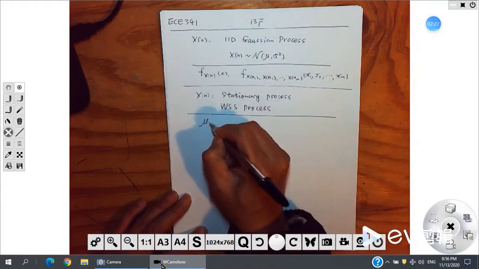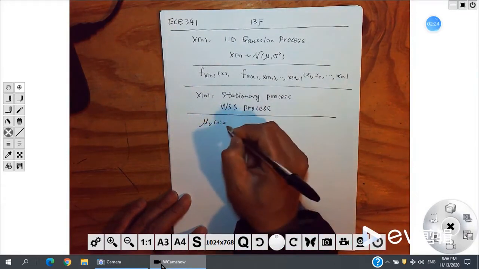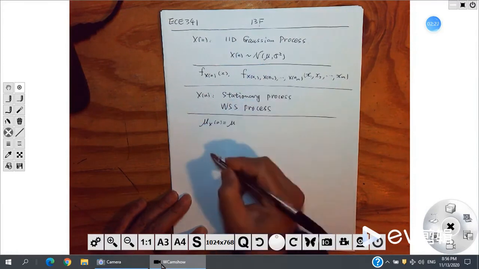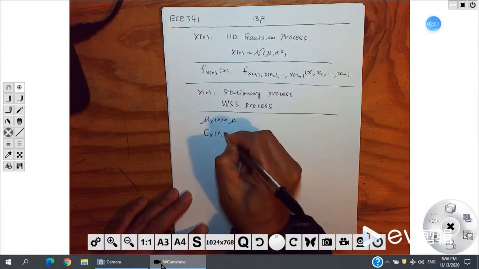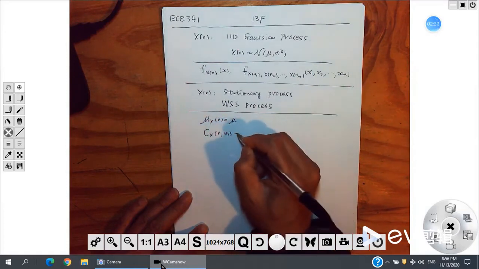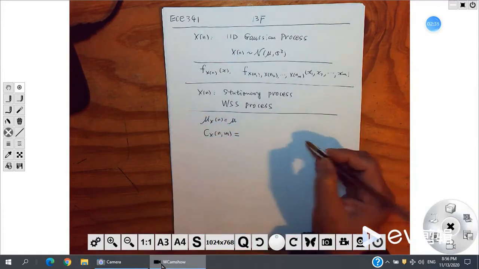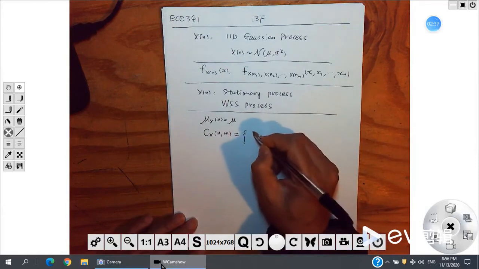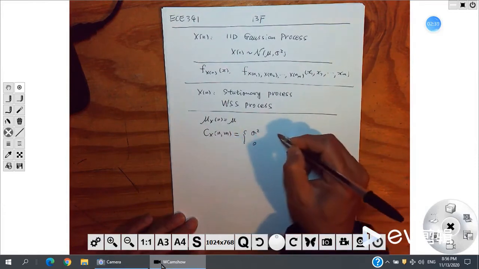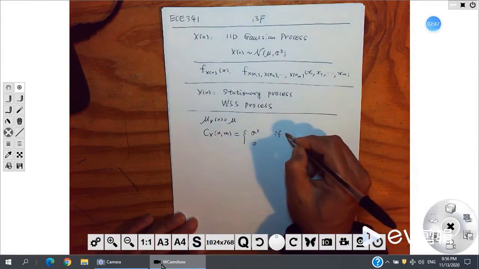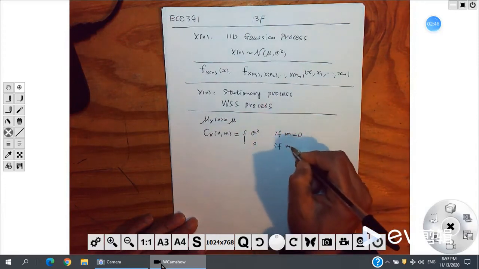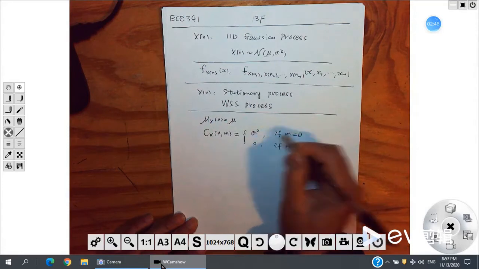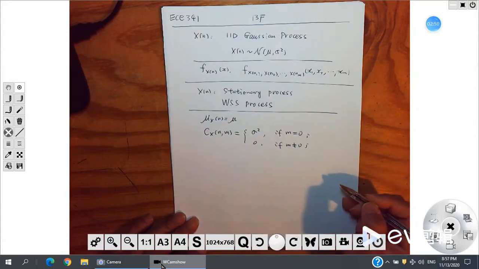Mu x of n is just mu, a constant. Cx of n and m will be sigma square if m equals 0, and 0 if m does not equal 0.